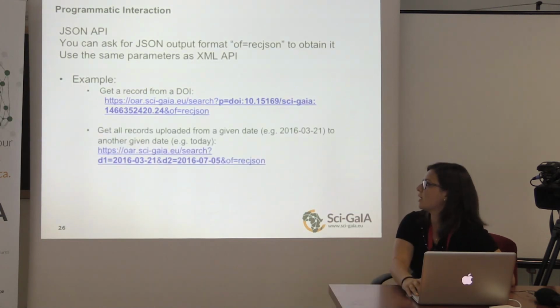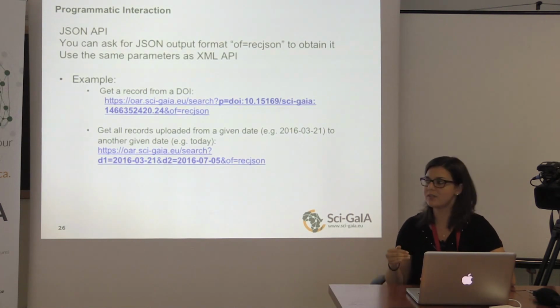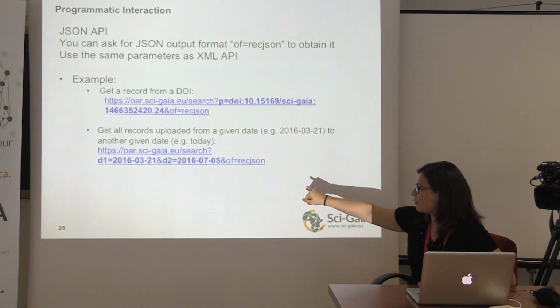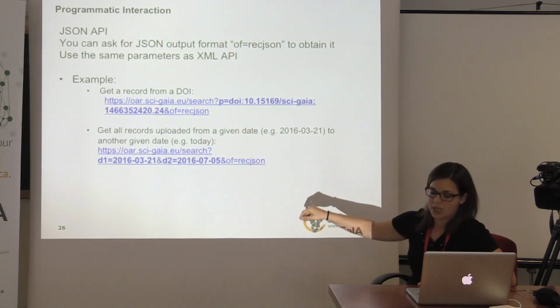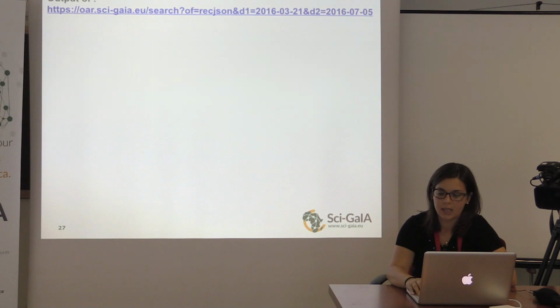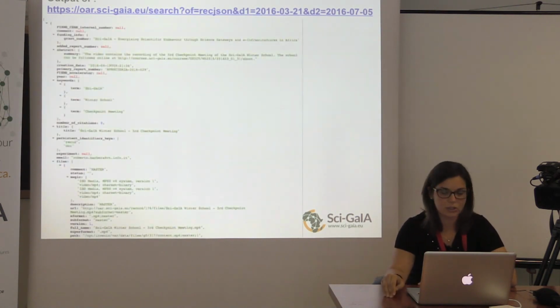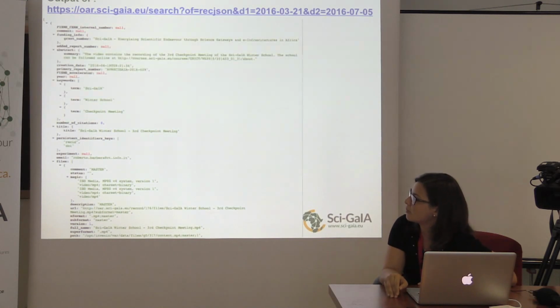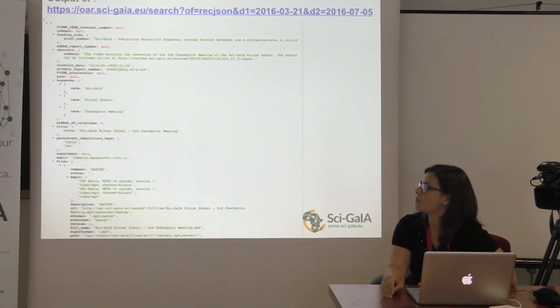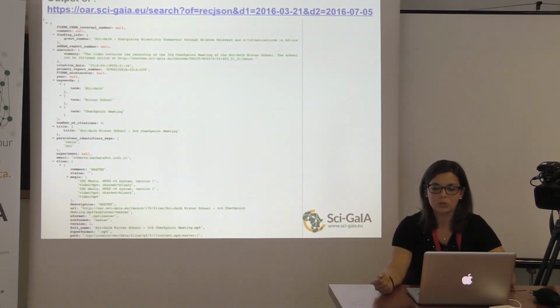In the same way, you can get all records uploaded from a given date to another given date using the D1 and D2 params, and OF equal to recjson. This is an example of output in JSON format. You can use the name of the param, for example, abstract, creation date, keyword, to filter the result of the query.